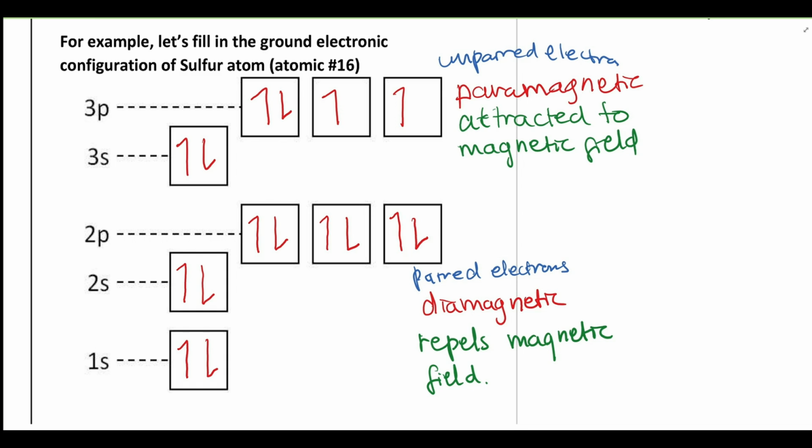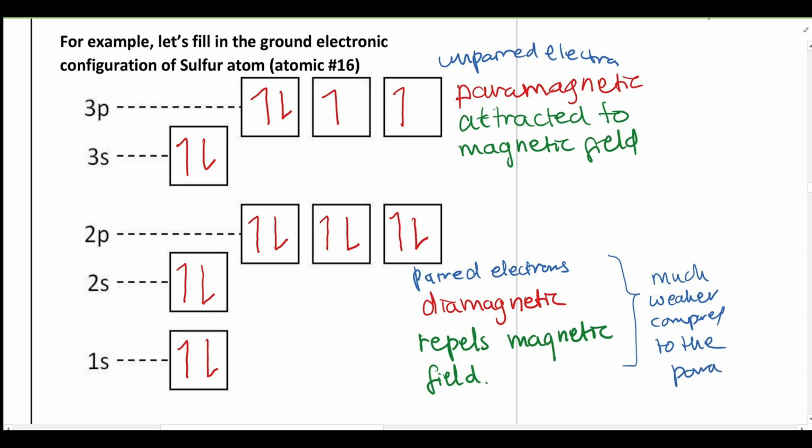Now, obviously, you have atoms. All atoms have both a paramagnetic component as well as a diamagnetic one. But usually this diamagnetic term is much weaker compared to the para.